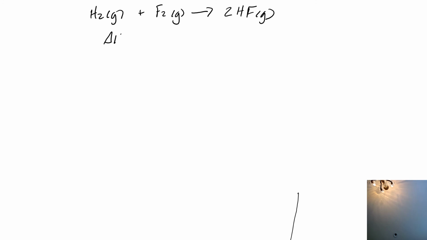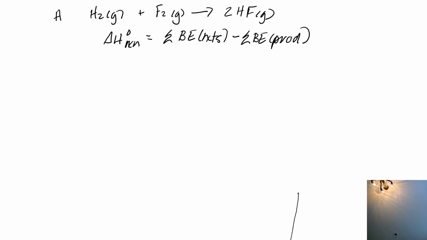Again, the standard heat of this reaction is going to be the sum of the bond energies of the reactants minus the sum of the bond energies of the products. If it's helpful, and with these it may not be necessary, but it sometimes is helpful to go ahead and draw those Lewis structures. You don't have to put the electrons in if you don't want to, but just so you can see what type of bonds are present.